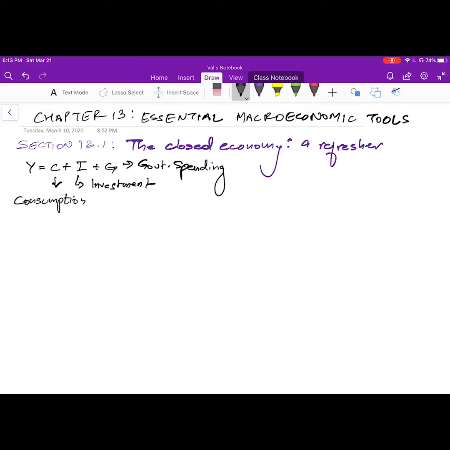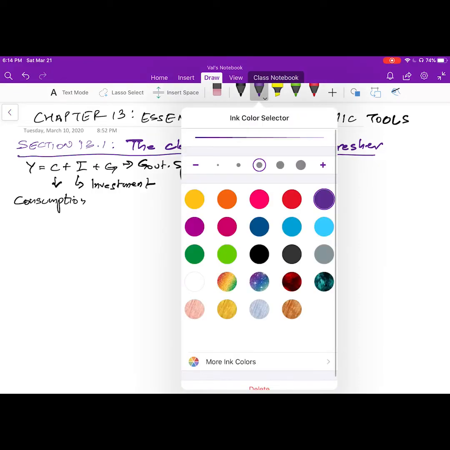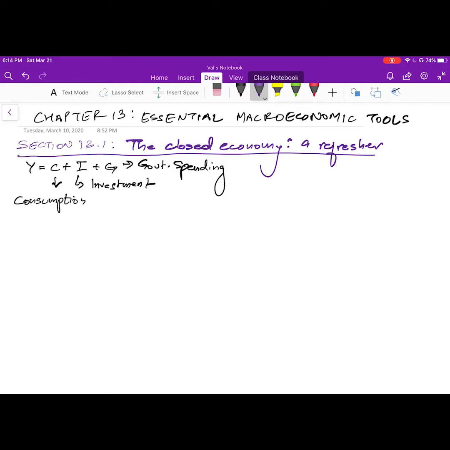If you have noticed, imports and exports are missing because, as the section header states, this is a closed economy. So, of course, there are no imports and exports. Okay, so let's start with the basic analysis.